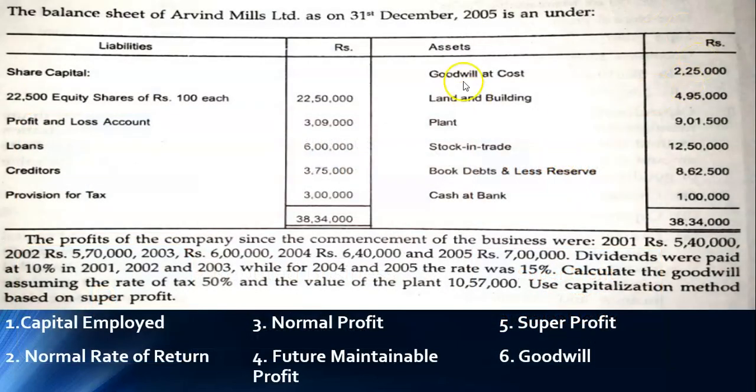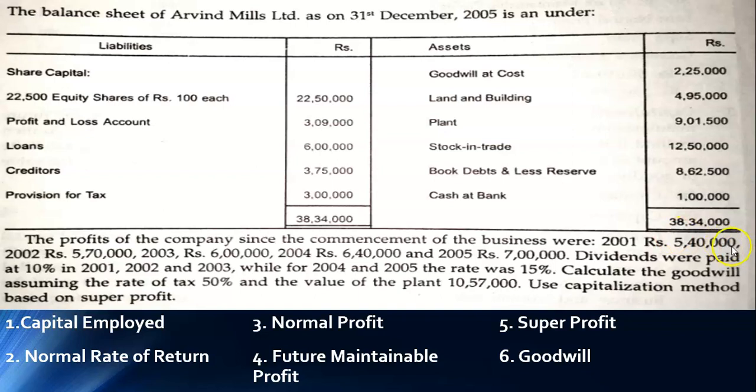So this is a balance sheet of December 2005. We have share capital, profit, loan, creditors, goodwill, land, plant, stock, book debts, cash. Right? So we have some profit also given, which is of 2001, 2002, 3, 4, 5. Right?